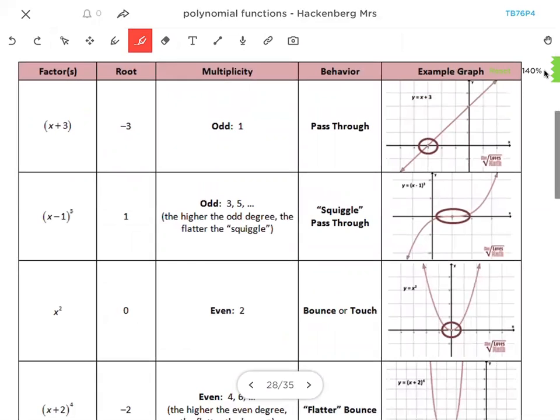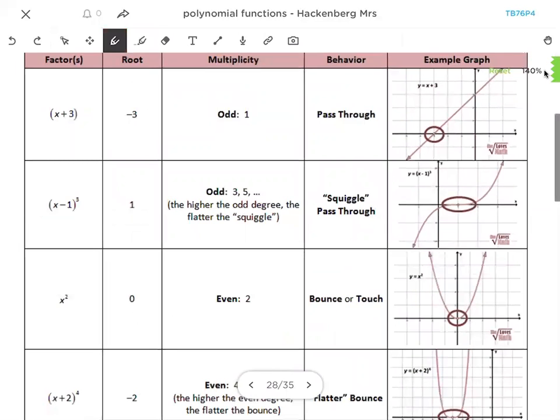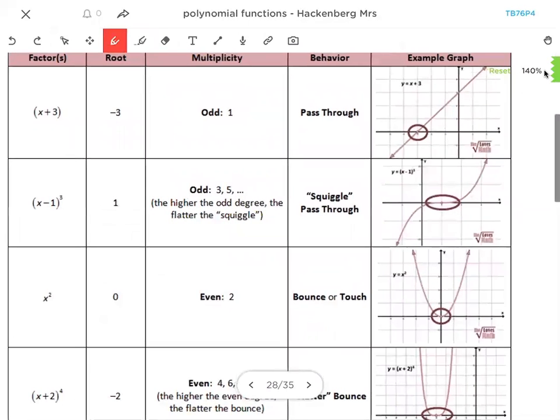So this table goes through a bunch of these different things. If your factor is just x plus 3, remember we can quickly solve that if we needed to. Hopefully at this point we can say, I would set that equal to 0, subtract 3 from both sides, and I get my root at -3. Hopefully you can draw the connection between these two almost immediately at this point.